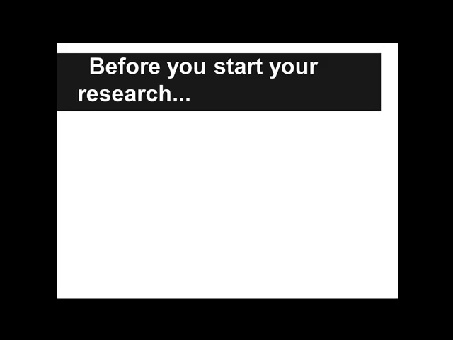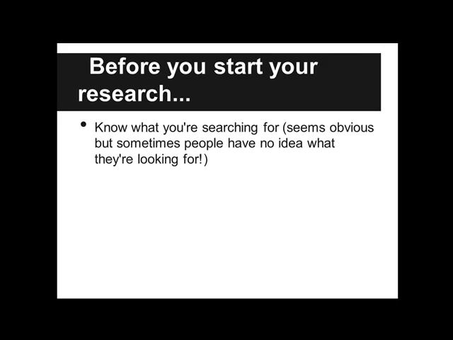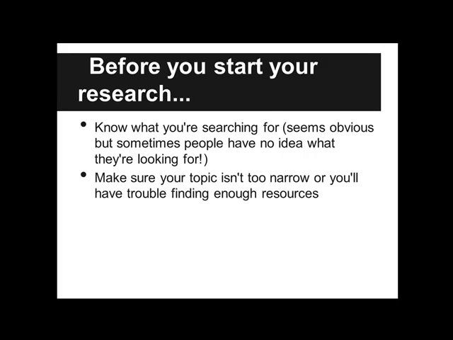Before you start your research, it's a good idea to know what search terms you're going to use and what you're searching for. This may seem obvious, but a lot of students come to the library and say they need an article, but then they don't really know or care what they find. This is one of the best ways to ensure that you'll get frustrated. You don't have to have a super defined research topic, but you do need to have a general idea of what you're looking for.